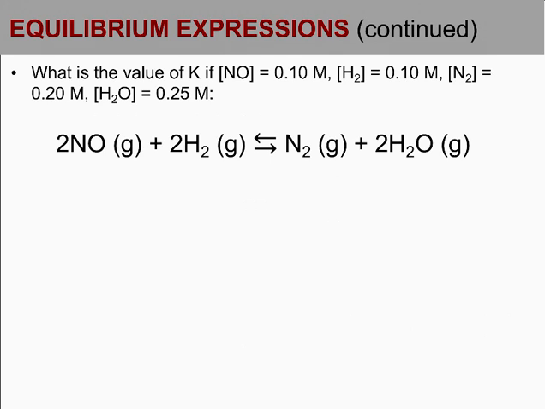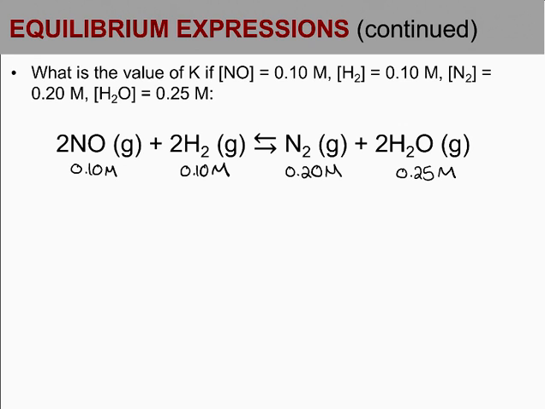All right, so I'm going to write all of the concentrations below each reactant and product because that's easier for me to visualize instead of having to fish through all the information again later.